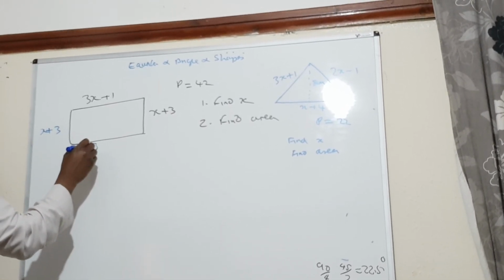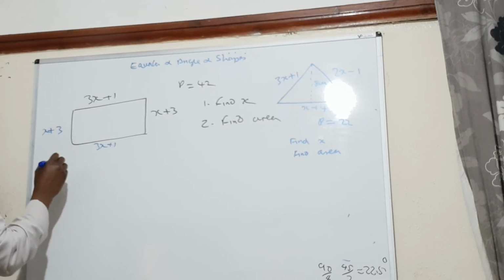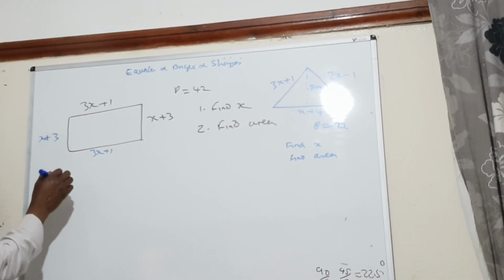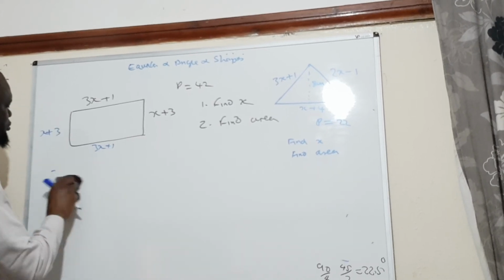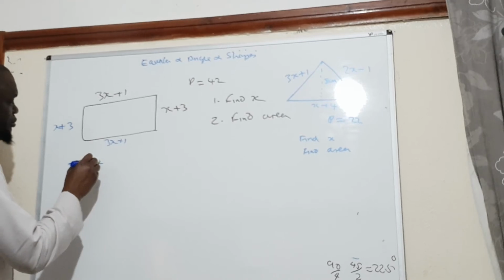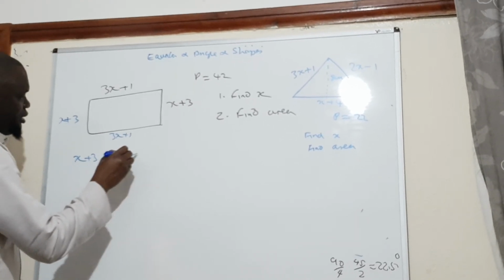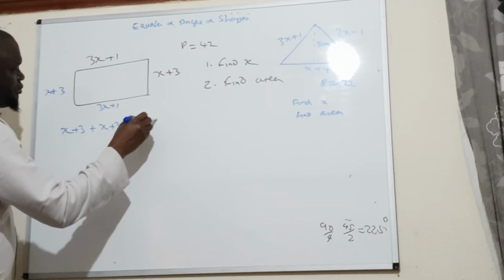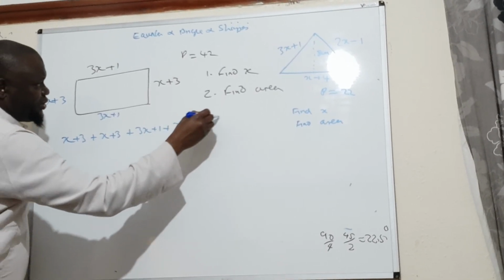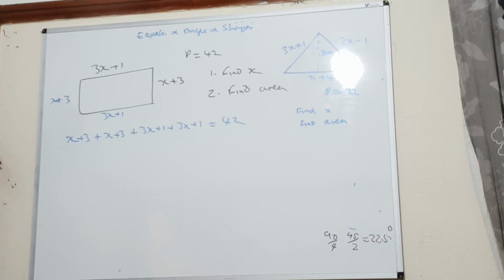This also will be 3x plus 1, and this also 3x plus 1. So x plus 3 plus x plus 3 plus 3x plus 1 plus 3x plus 1 is equal to 42, and that's equal to the perimeter.